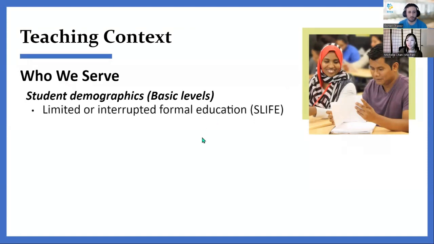Our students include those with limited or interrupted formal education, also known as SLIFE. And these are students with low literacy in their L1 or very little formal education in their home country. So they might have only received up to grade 3, for example, in their own country of education.